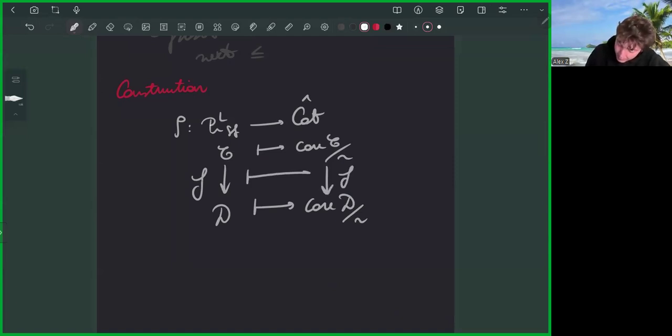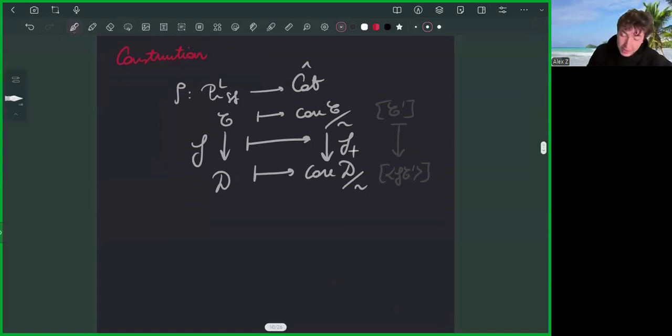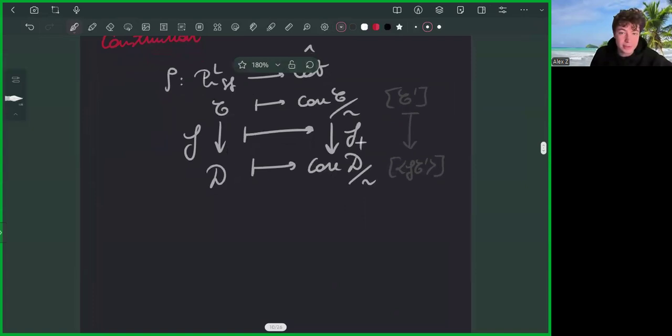Now I want to do the covariant case first, and let me denote it by F plus. And so what does this map do? Well, it maps an equivalence class of C prime to the equivalence class of the hull of F of C prime. Okay. So similar to before, but now we have the equivalence classes.